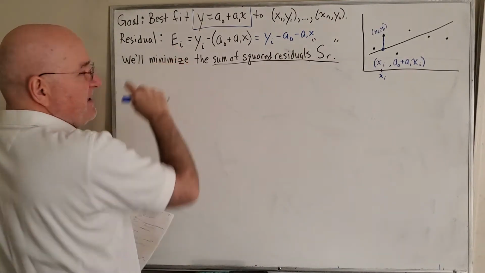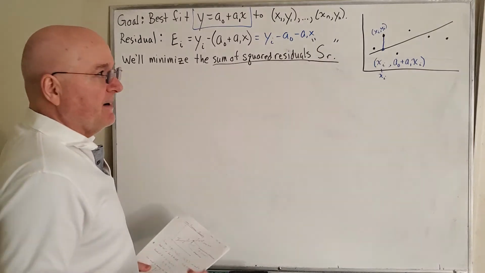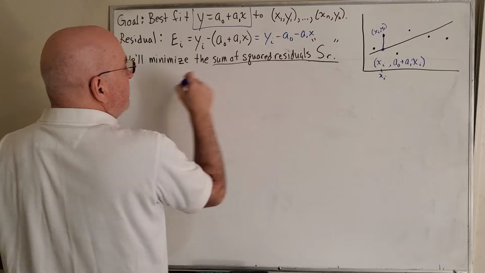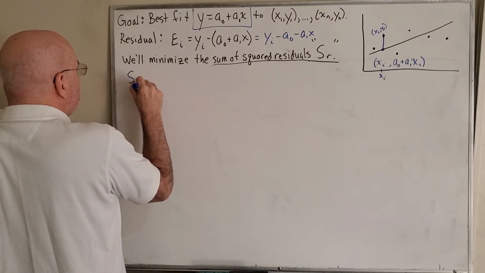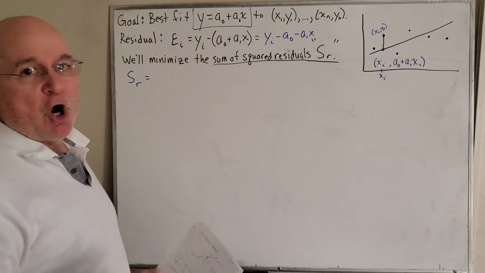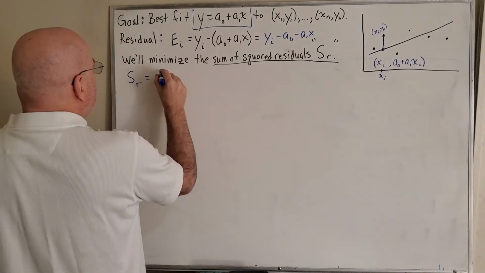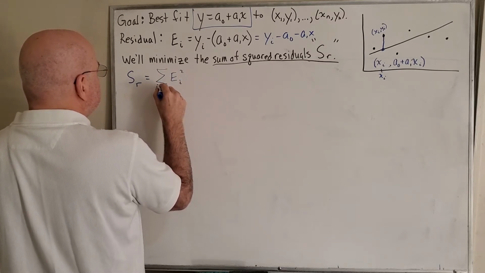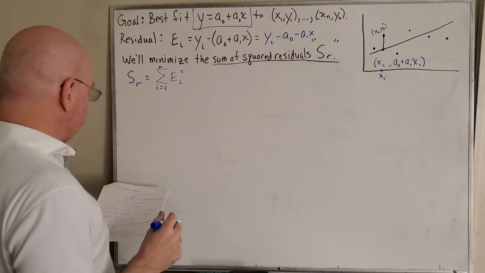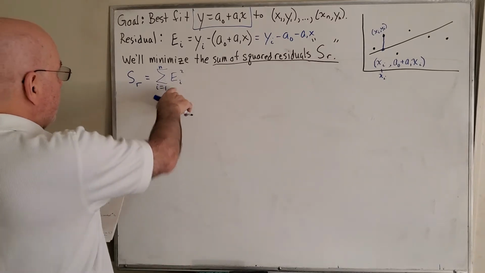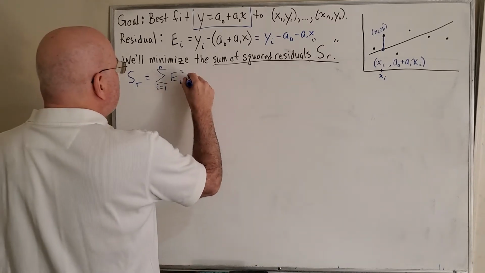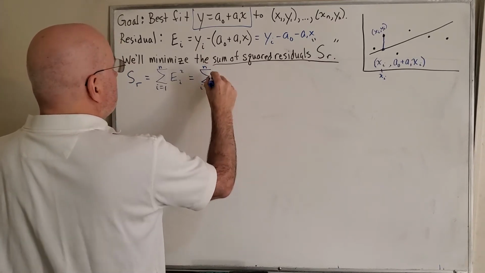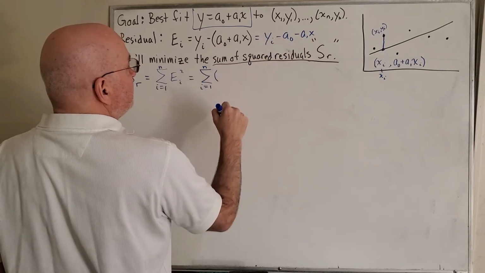We're going to square each ei, add them up, and minimize that. So minimizing the sum of the squared residuals, which we're calling S sub R, well, we know that that is the sum i going from 1 to n of the residual errors squared. And this is equal to, I'm just going to do a substitution, this in parentheses squared.